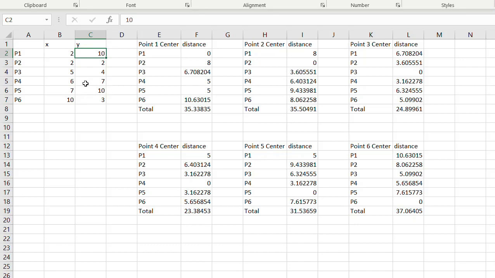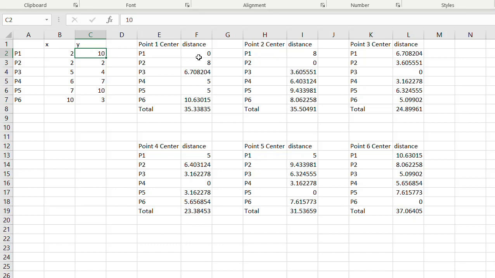And so what I've done is each one of these little blocks of Excel here is the distance calculation between a given point considered to be the center and all the other points in the data set. So for example, this block here was considering point 1 as the center. And then this distance column here is the Euclidean distance, that x2 minus x1 squared plus y2 minus y1 squared, square root of all of that.